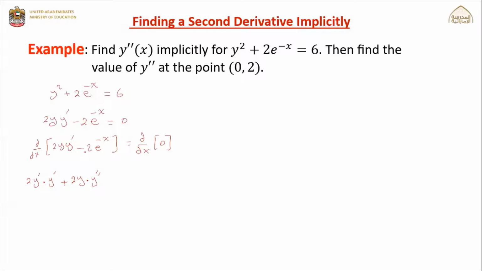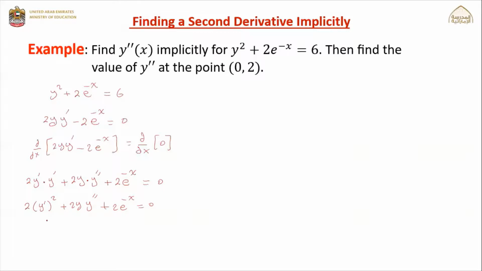What about the derivative of negative 2e to the power negative x? Minus minus is plus 2e to the power negative x, and the derivative of 0 is 0. Now here, I can write 2y prime squared plus 2y y double prime plus 2e to the power negative x equals 0.